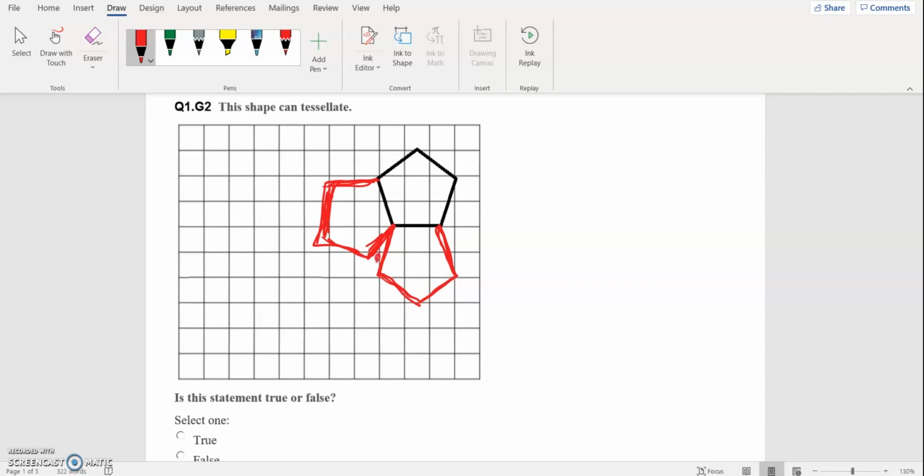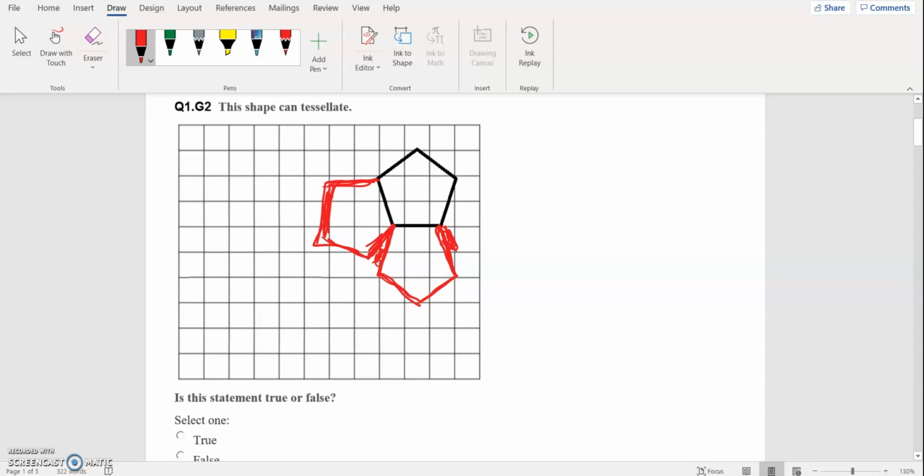So there would be gaps in here and there. So you could try and fit these around, but a pentagon does not tessellate. So this is a false statement.